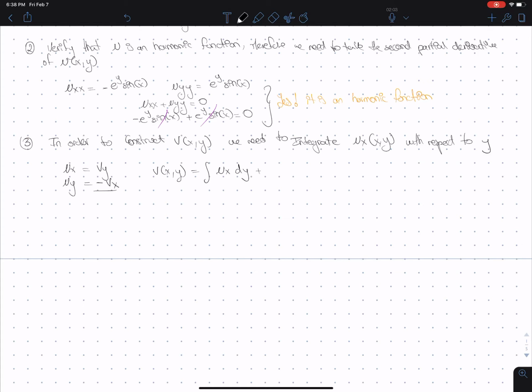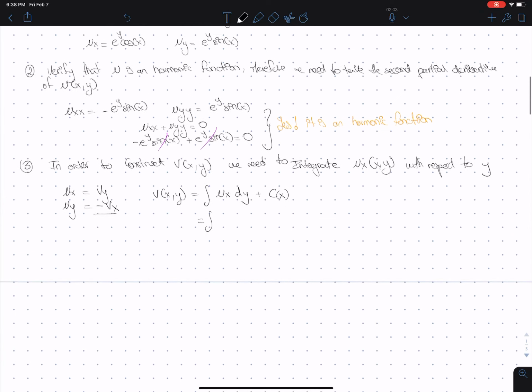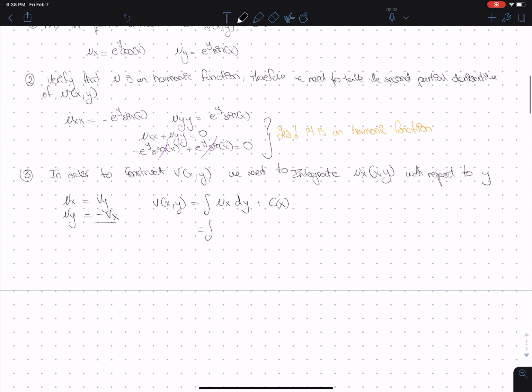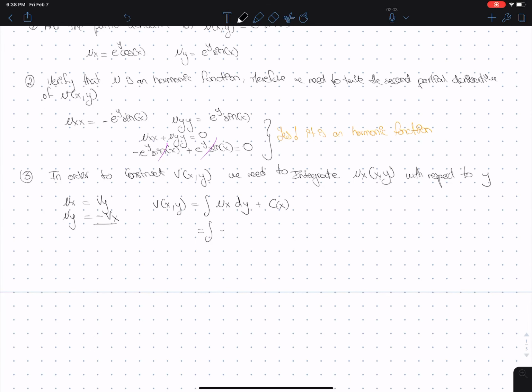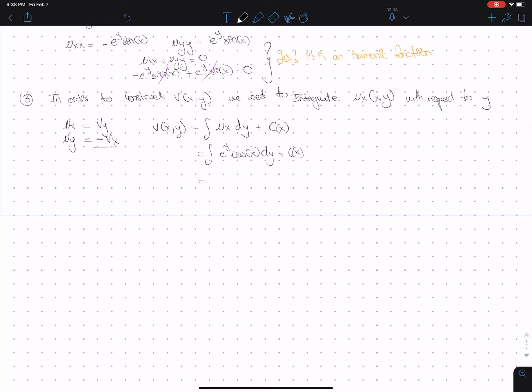And of course, it's going to give us plus a constant term in terms of x. So it's going to be equal to the integration of u of x. Since we have already taken it, it was e to the y cosine of x, in terms of dy, plus c of x. It's going to be equal to e to the y, which is going to be the same.